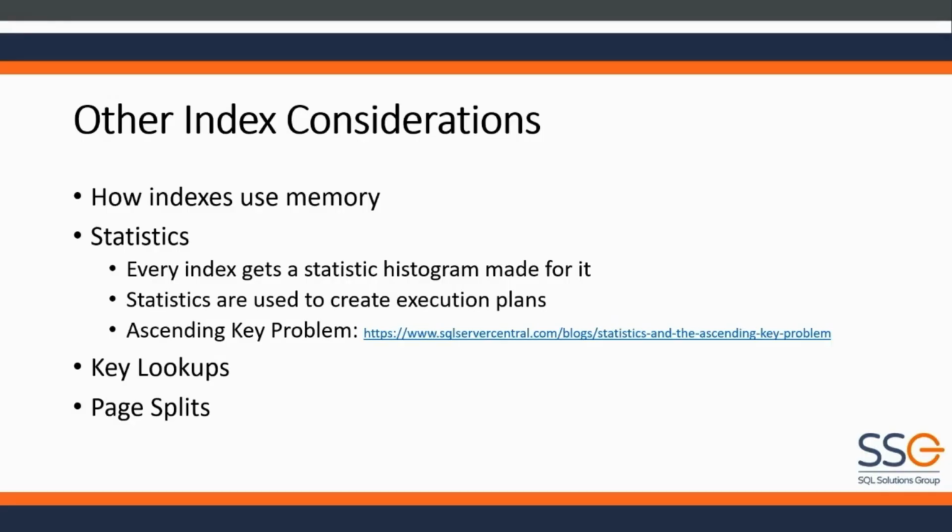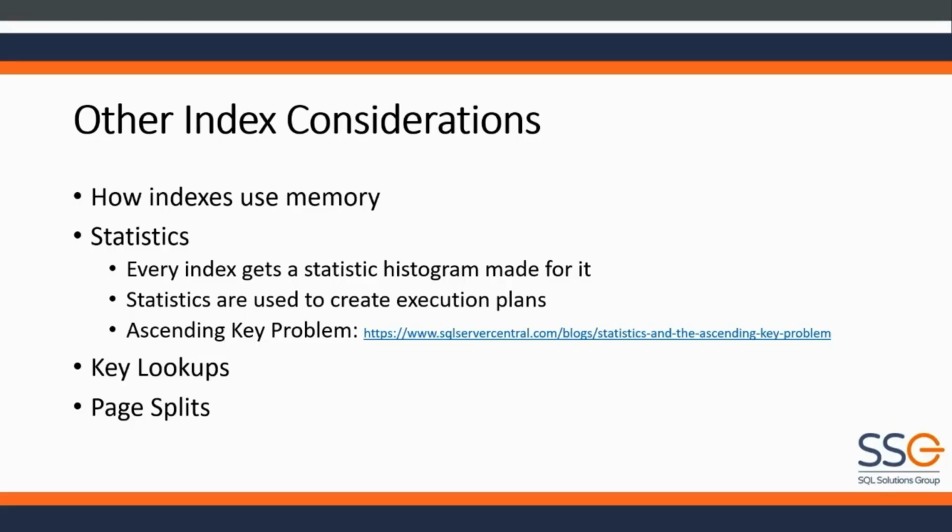It's also worth noting, for every index you create, and you don't have the setting of auto create statistics disabled, it's on by default. As long as you haven't turned that off, then every index will get a statistic behind it. And what this is, SQL Server samples the data that's in the table and creates a histogram, which is like a horizontal bar graph, which will help itself understand where the data is, how your data is laid out.